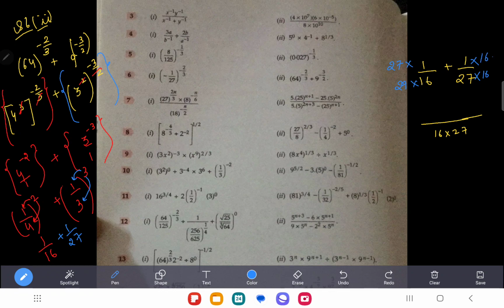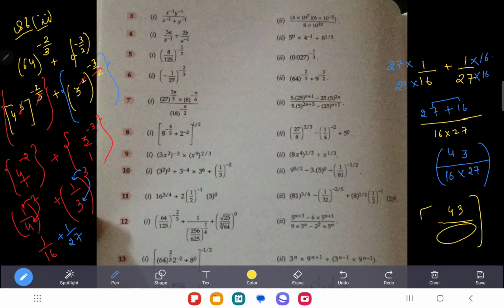So you get 27 plus 16, which is 43, over 16 times 27. You can multiply the denominator and get your final answer. That is how you solve question number 6, second part.